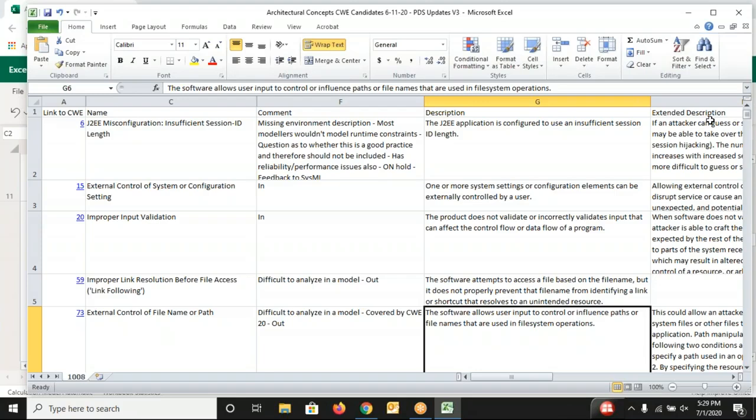Is anybody not on this page? Is there anybody on the call who would disagree with this approach or would have an alternate approach? No. This is Mike. I don't disagree, but I'm questioning, are we assuming that SysML is the only language that modelers would use? That's the standard, generally speaking.